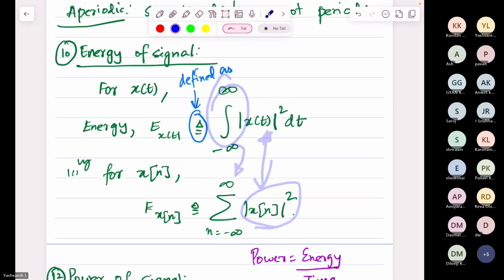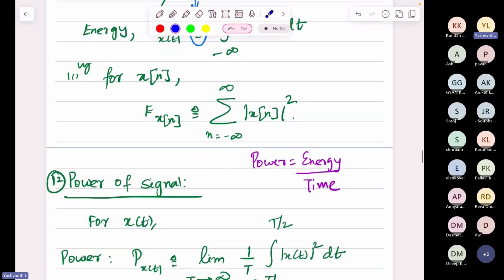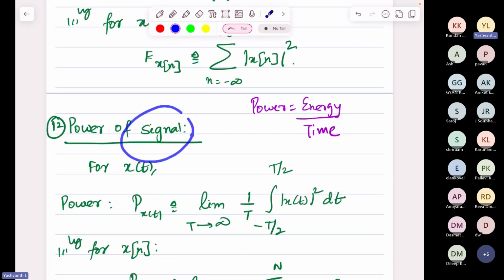Okay, next is the power of a signal. What is the power of a signal? For any signal x of t, the power, denoted by P subscript x, is given by the limit as T tends to infinity of 1 by capital T times the integral from minus T by 2 to plus T by 2 of mod x of t square dt.